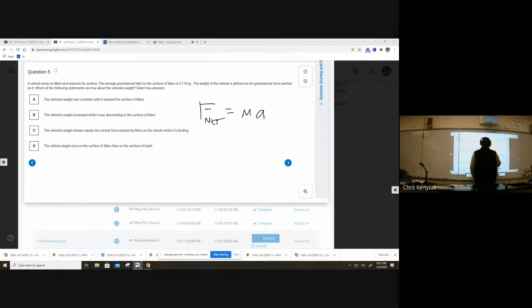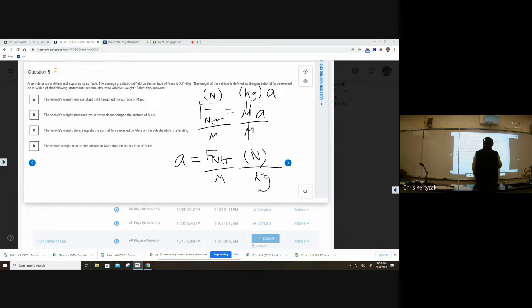From a unit standpoint, F is in newtons and mass is in kilograms. So if we solve for a, dividing mass to both sides, a is a force divided by a mass. Technically, the units would be newtons per kilogram.